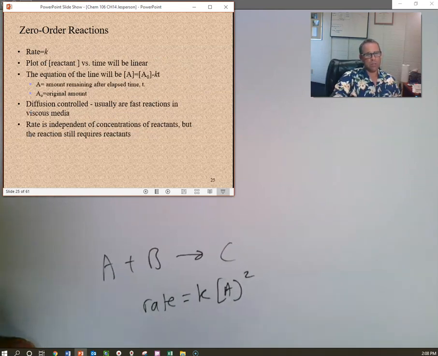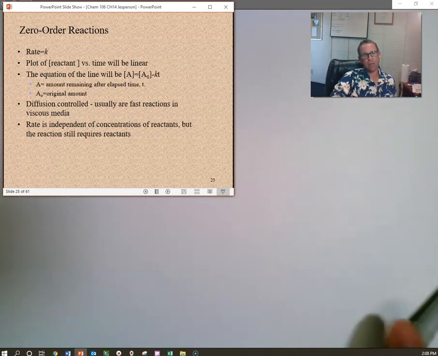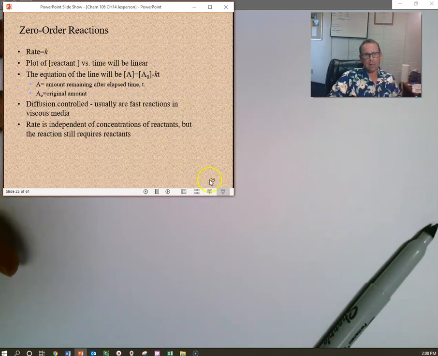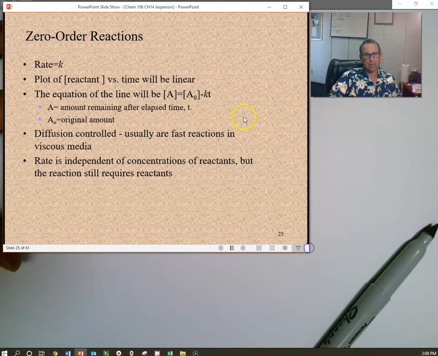So we introduced the zero order integrated rate law first last time. And the zero order integrated rate law looked like this. We were told that we're not going to have to memorize these integrated rate laws, but we do want to be able to look at them with enough understanding that we can see that they make sense to us, okay?